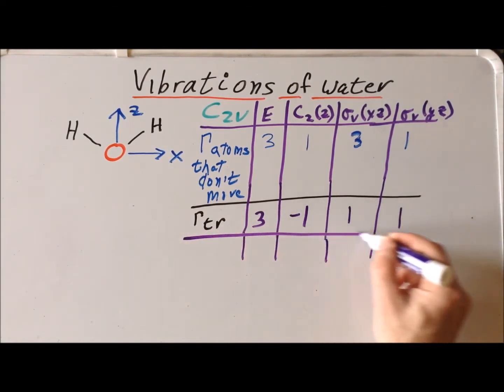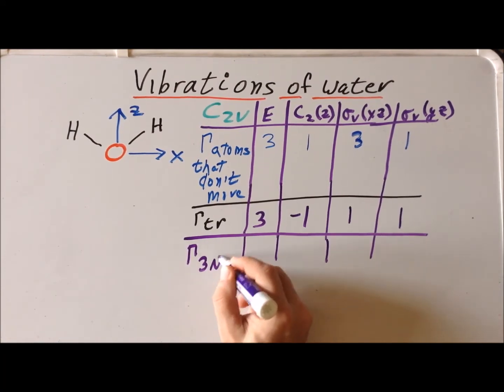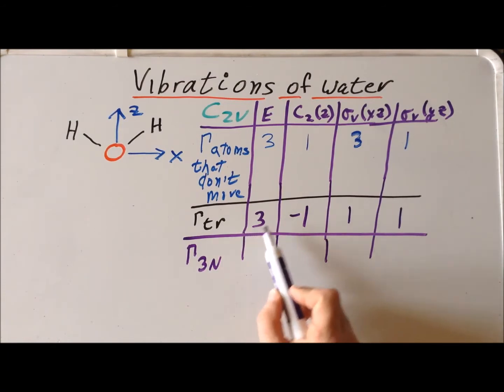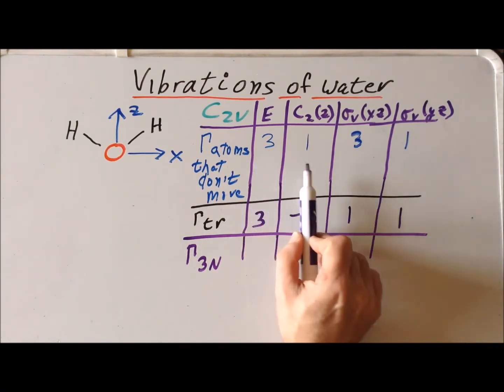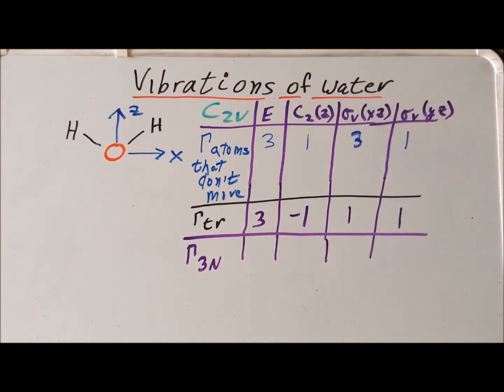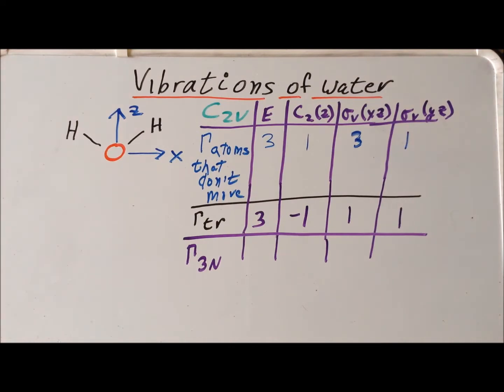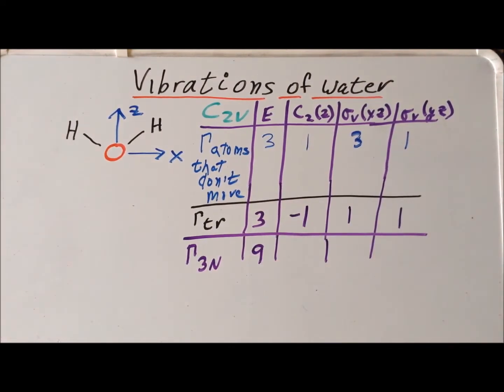So the overall value of the reducible representation for all 3n degrees of freedom for water we get by multiplying the character in the second row times the character in the first row for each of the classes of the point group, which work out to be equal to each of the symmetry operations for the point group. 3 times 3 is equal to 9, so our character is a 9.